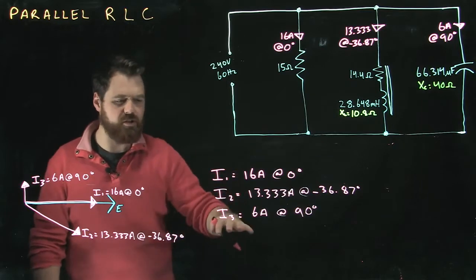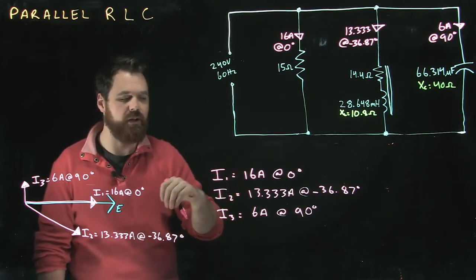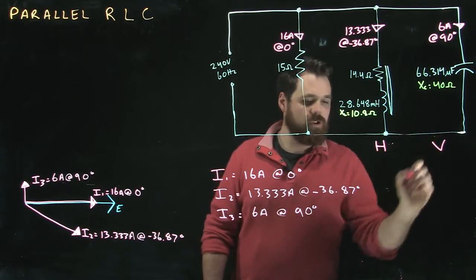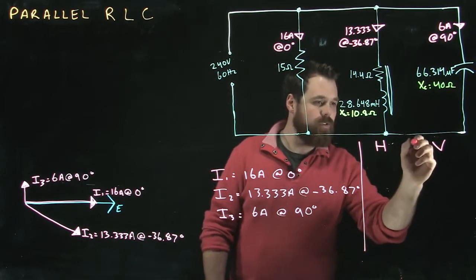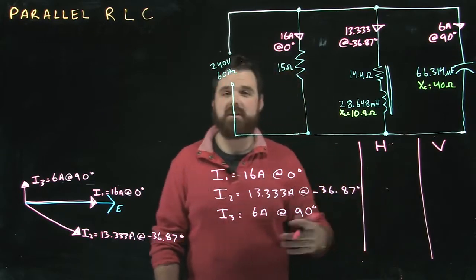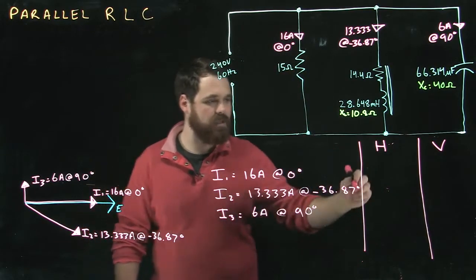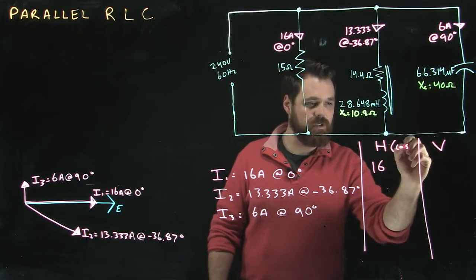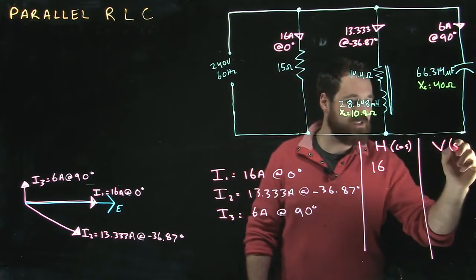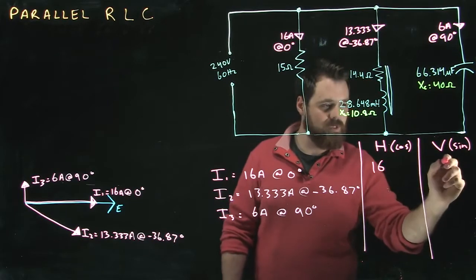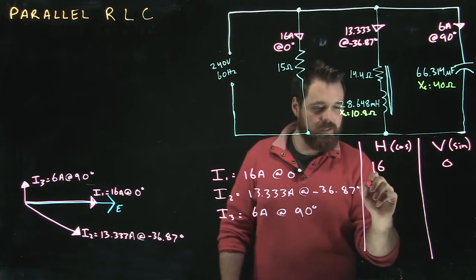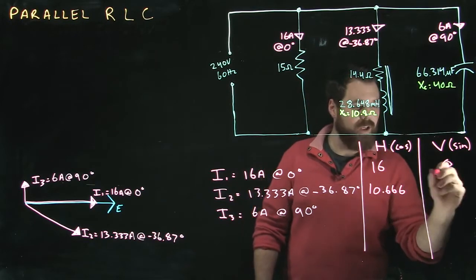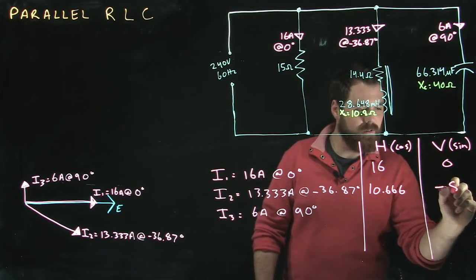So we take these 3 values, I1 plus I2 plus I3, and put them into an HV chart. We're going to add up all of our horizontals and all of our vertical values. So we get 16 amps, keeping in mind H is the cos function, and V is the sine function, and 0. We get 10.666, and we get negative 8.